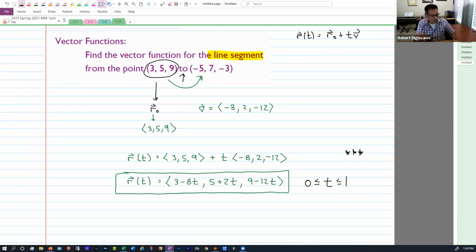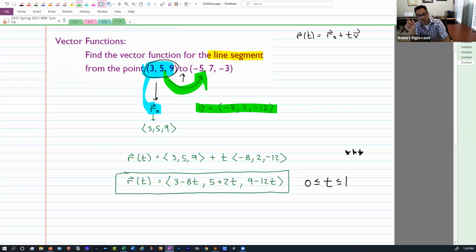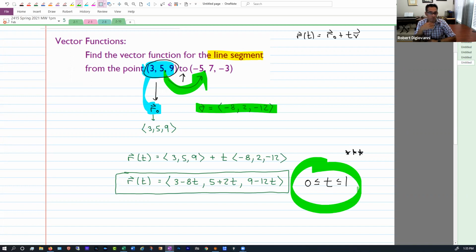You always have to make R naught the starting point, and make V the vector that goes from the starting point to the other point. Then I promise you that if you restrict t between 0 and 1, this will work. If you try to be creative and use R naught as the endpoint instead, it's not going to work. It's going to draw you a different part of the line, not that line segment. So just be careful with that.